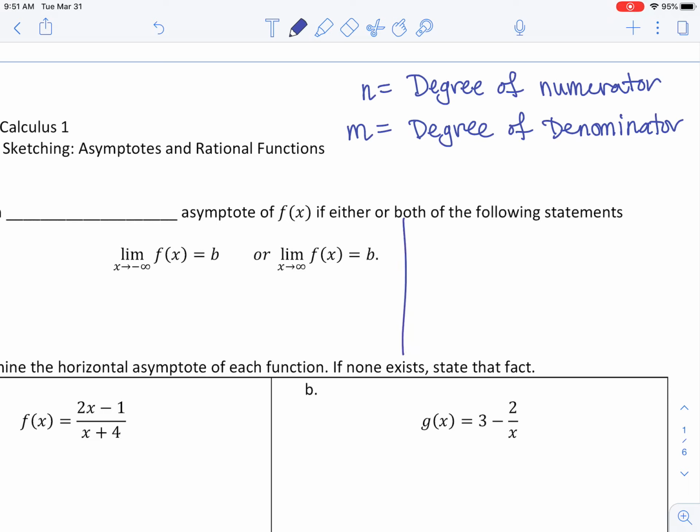And what we did was we did it by cases. So let me just write down what you learned in pre-calculus. Case 1, if n is greater than m, if the degree of the numerator is greater than the degree of the denominator, then we had no horizontal asymptote.